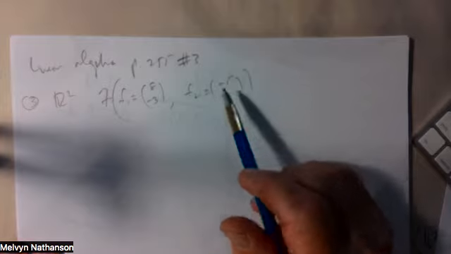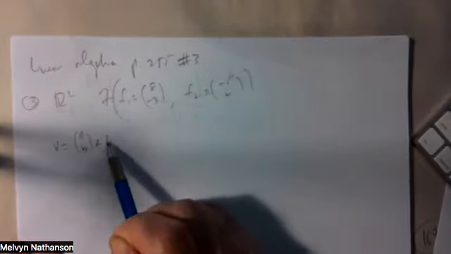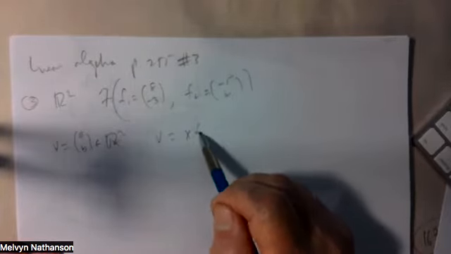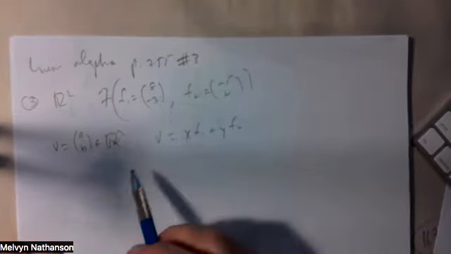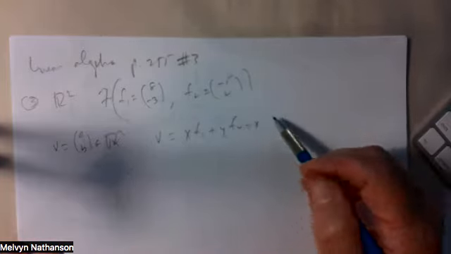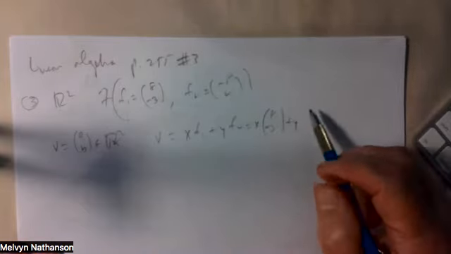And I want to show that for any vector V equal to (a, b) in R2, I can write V as some linear combination of F1 and F2. So that means I want to solve the equation. What is xF1 plus yF2? That's x times (8, -3) plus y times (-5, 2).